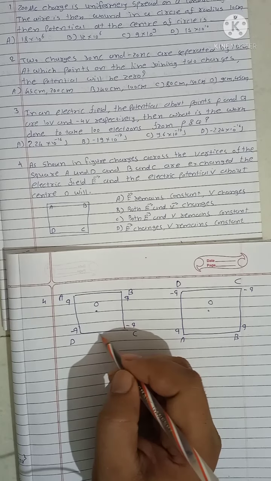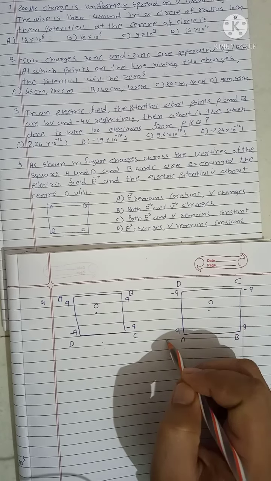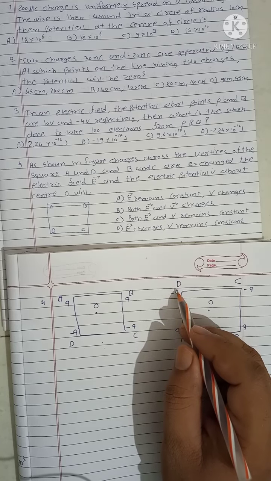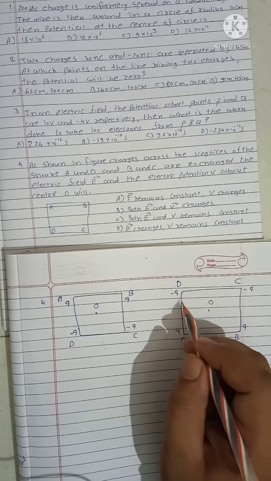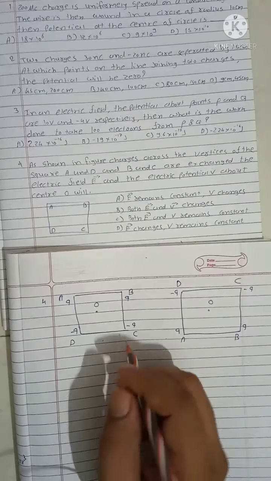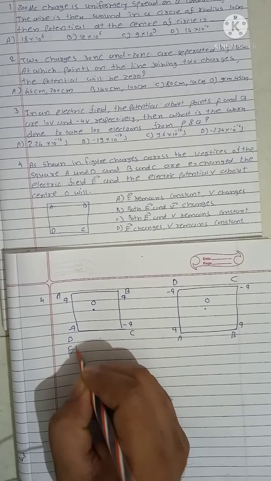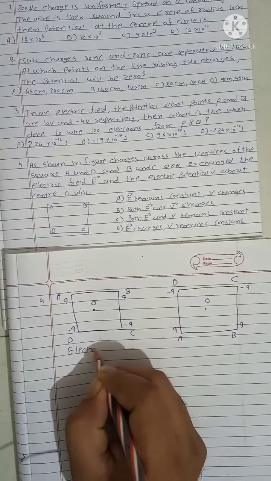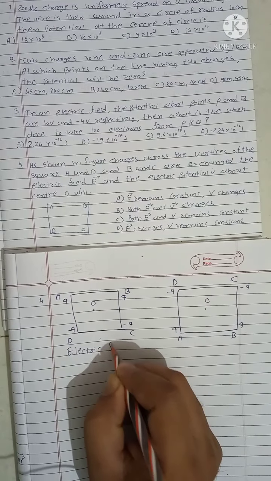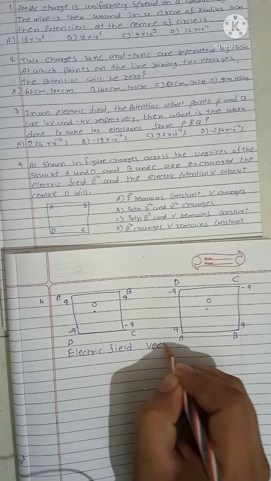After that we have to interchange the charges, D, C, B, A. So negative charge goes to the upside and positive charge comes to the downward side. Now, as we know, electric field is actually a vector quantity.